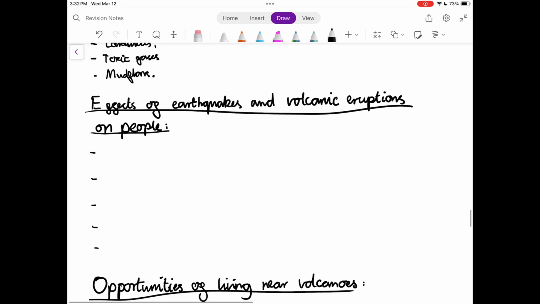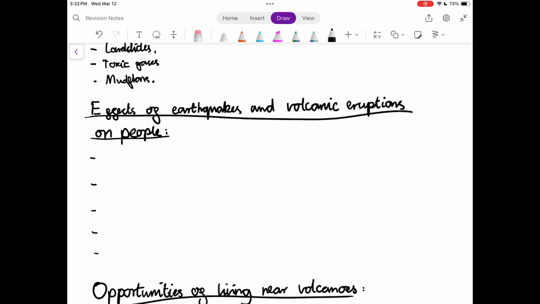So now we're going to be looking at the effects of earthquakes and volcanic eruptions on people. So the quite obvious one is death and injury. And this is because earthquakes and volcanic eruptions are hazardous events to people, and it could lead to the destruction of, say, buildings, or it can lead to landslides, which could cause casualties.